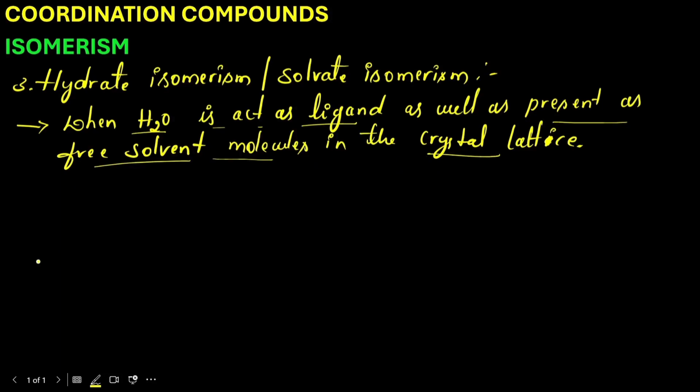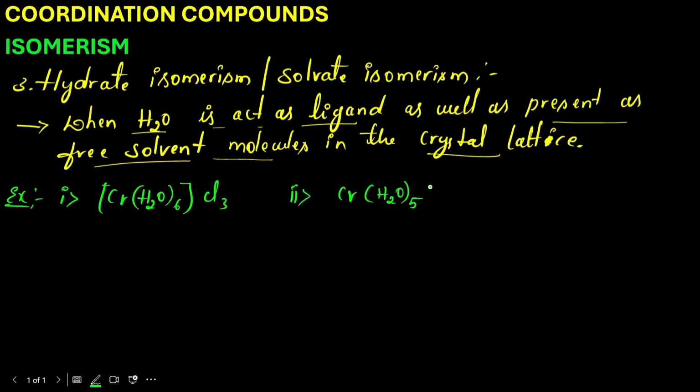We will take an example. The first one is [Cr(H2O)6]Cl3, and the next one is [Cr(H2O)5Cl]Cl2·H2O. In the first case 6 H2O ligands are present, in the second case 5 H2O ligands are present, and the counter ions here are Cl2 and H2O.